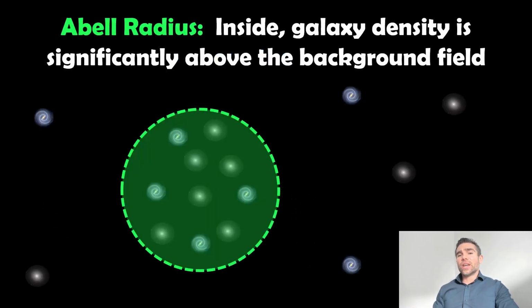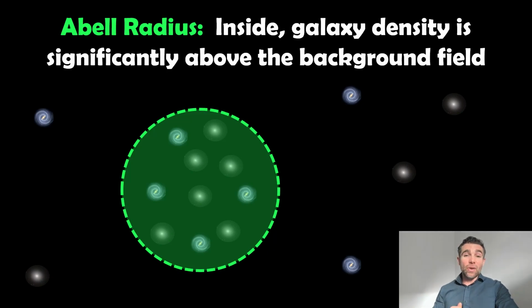And then we can apply the Abell radius to this. So we've got clusters now, so there's quite overdense regions of the universe. So the Abell radius, so inside that radius in the cluster, then the galaxy density is significantly above the background field. So we would expect, as we approach the Abell radius, that the density of galaxies inside that would significantly increase, and the opposite way around as well.